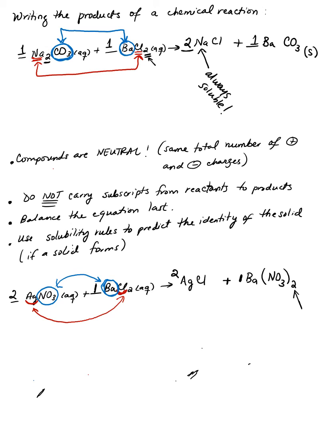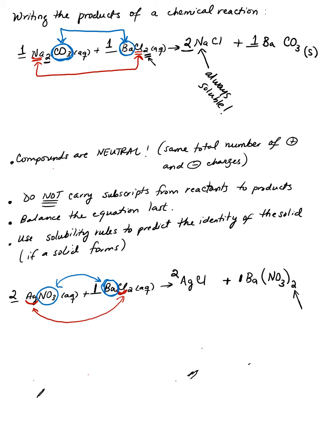You need to identify which one is your solid. If you mix your solutions of silver nitrate and barium chloride, you will observe the formation of a solid. That's your observation.